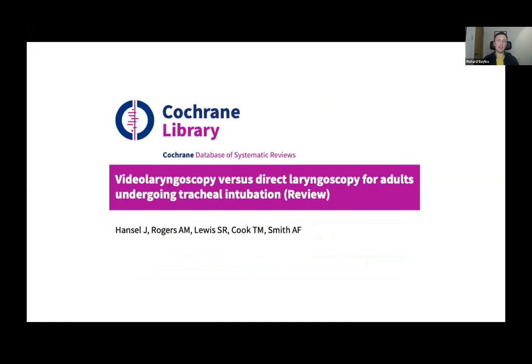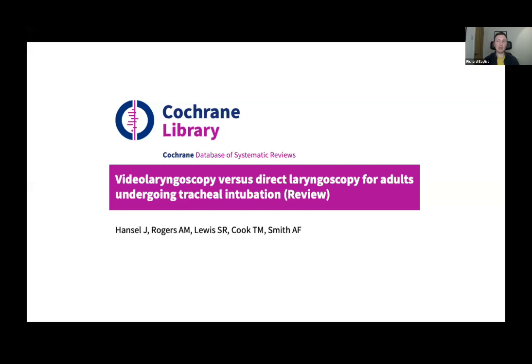You have to recognise that there are differences in how the different types of blades are used and how experience affects their use. So they considered standard Macintosh geometry blades, hyperangulated blades, and channeled blades like the air track. There's about 23,000 patients' data in this systematic review.